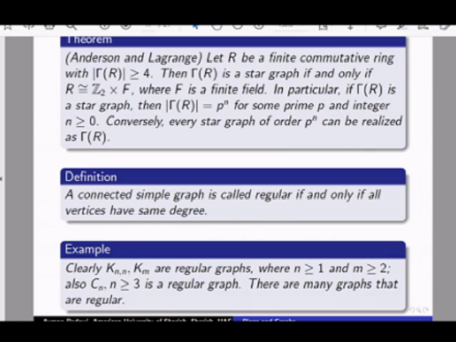There are many graphs that are regular. Many. You can sketch many graphs.